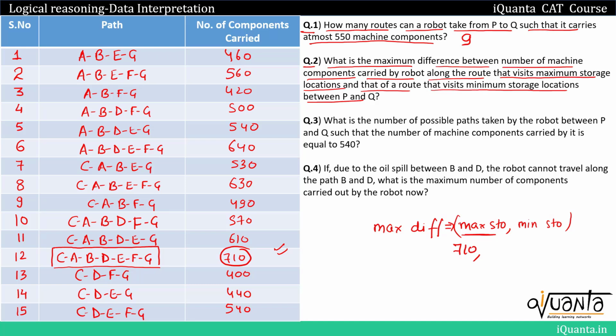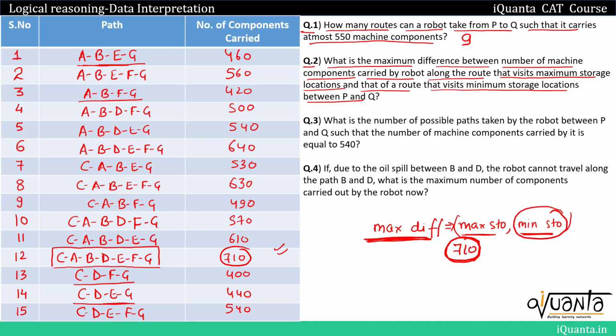And which is the route that goes through minimum storage locations? We have to go through minimum 4 storage locations. We can see it in the first case, then in the third case, then also case number 13, case number 14. So there are multiple routes that go through minimum locations, but since we have to maximize the difference and we have 710 as the number of components when it is going through the maximum number of locations, this must be as minimum as possible.